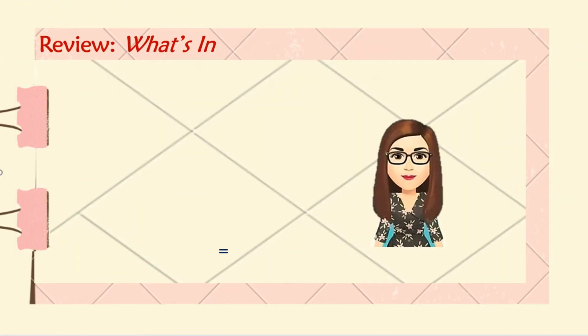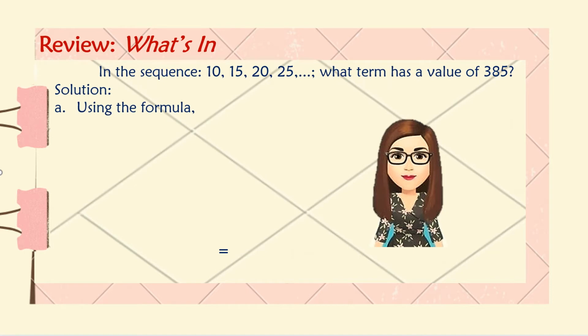Let's have first our review of our previous lesson. Last time we discussed finding the nth term of the given arithmetic sequence. Let's have a recall. In the sequence 10, 15, 20, 25, what term has a value of 385?